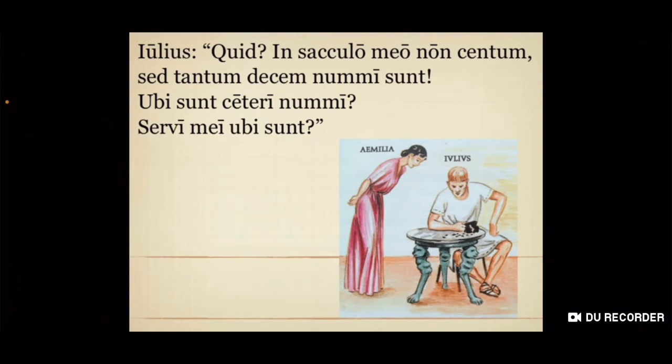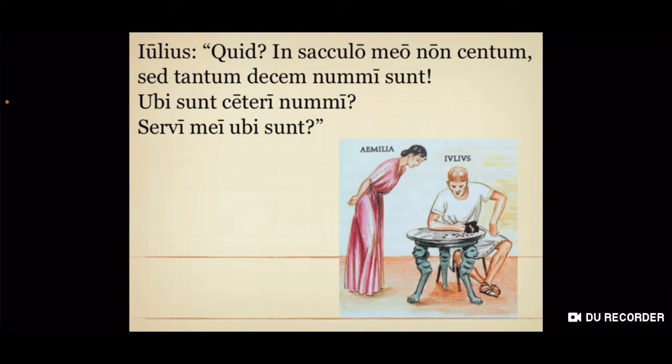Iulius, quid, what? In saculo meo non centum, and in my sack is not 100. Sed tantum decem nummi sunt, but only 10 coins. There are only 10 coins. Ubi sunt ceteri nummi?